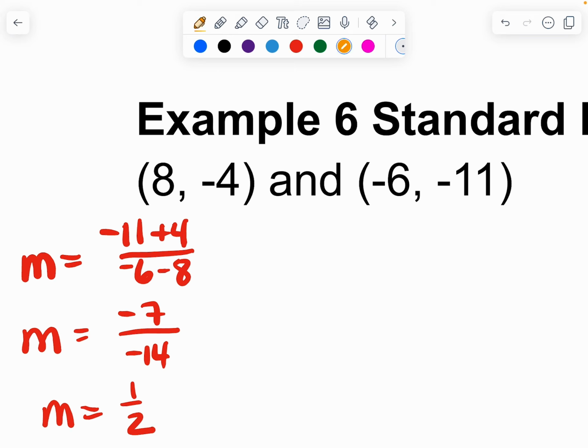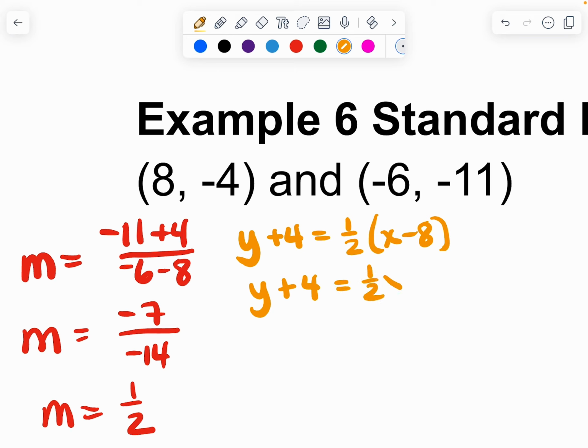Then I'm going to plug it in. y plus 4 equals 1/2 times x minus 8. And I'm not going to get rid of the 1/2 by multiplying yet. I'm going to do it now because I don't want any fractions.